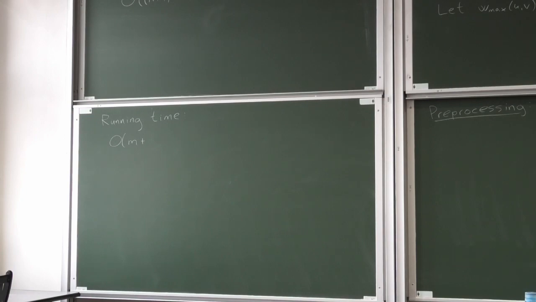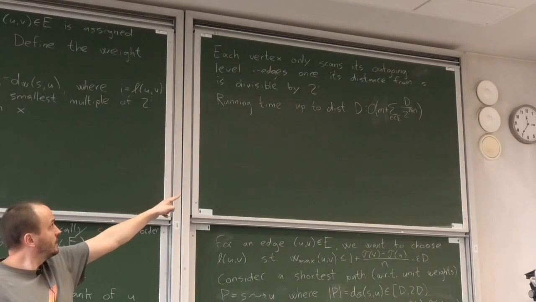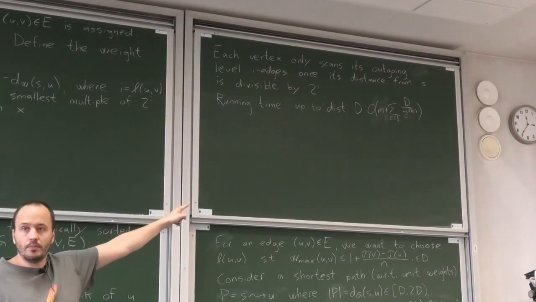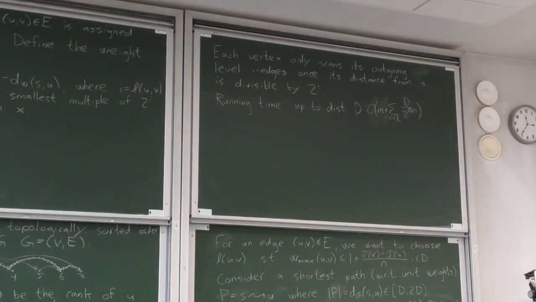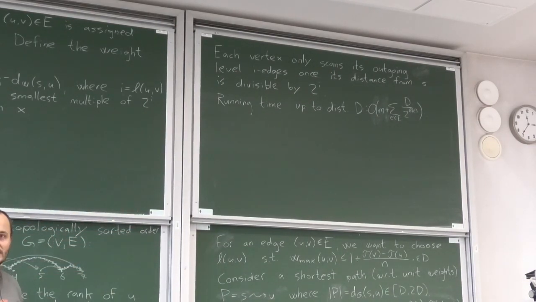We shouldn't actually choose this d. Remember, this is the weighted distance, right? This is a running time when you maintain distances up to value d with respect to the weight function w. So what choice would you use instead of d there to make sure that we catch all the distances we want?